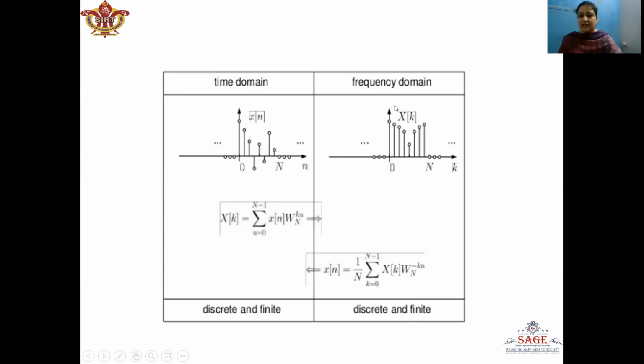Here we have the frequency domain representation X[k], with samples from 0 to N. The samples are shown from 0 to N because the DFT spectrum will repeat itself after every N samples. That means after N samples, the same spectrum will repeat.